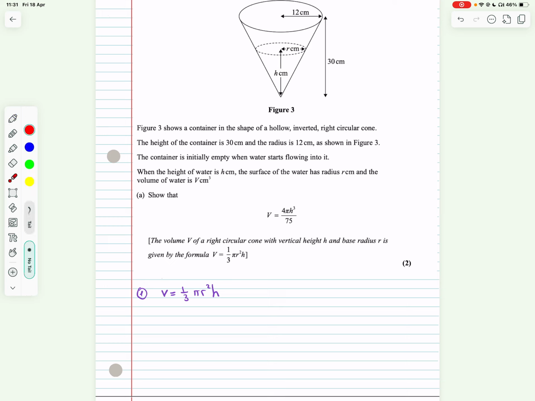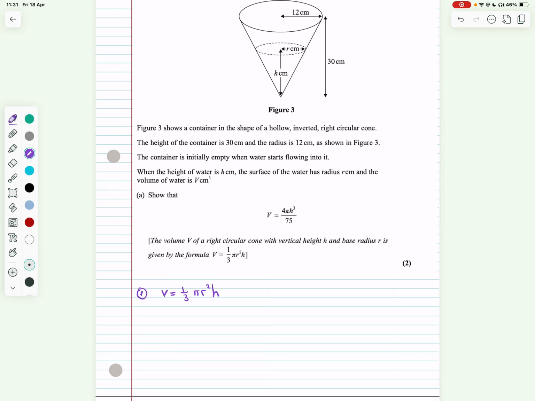If you look at the formula that you are trying to prove, you see that V is only equal to something in terms of h, so there is no r in it, and we need to get rid of this r. We need to convert that r into something in terms of h. As you can see, the final form is only 4 pi h cubed divided by 75.